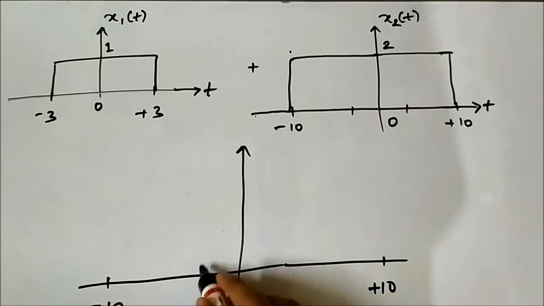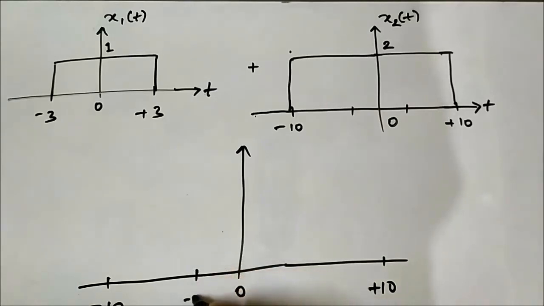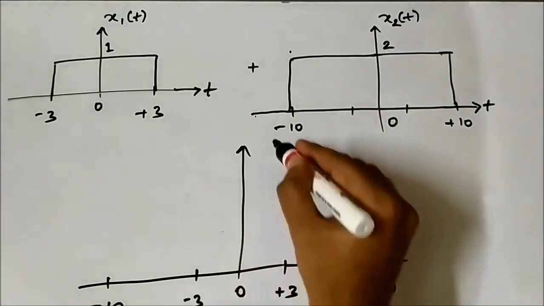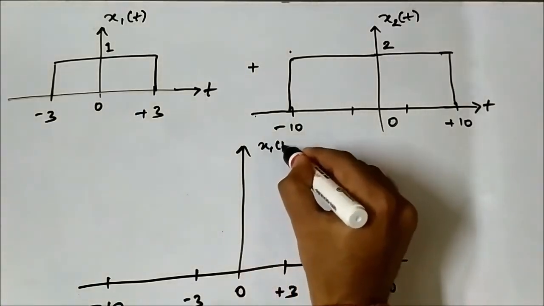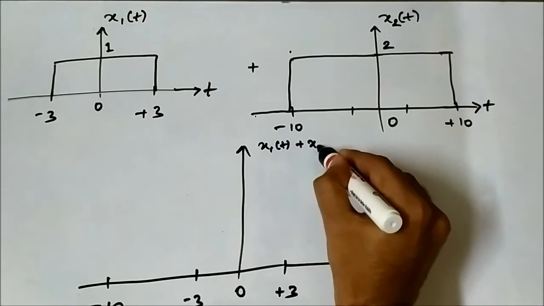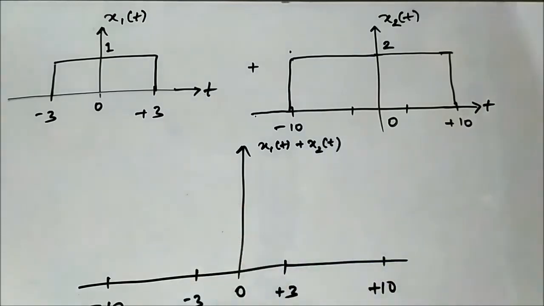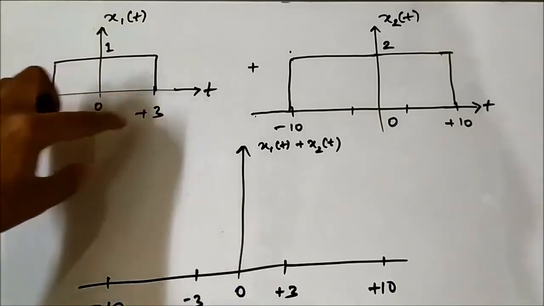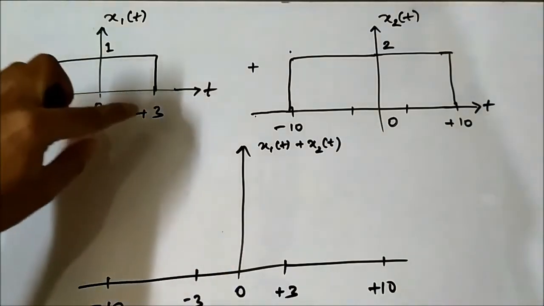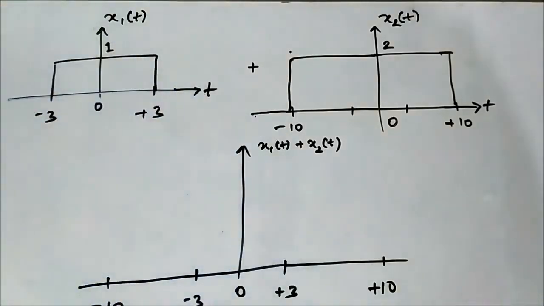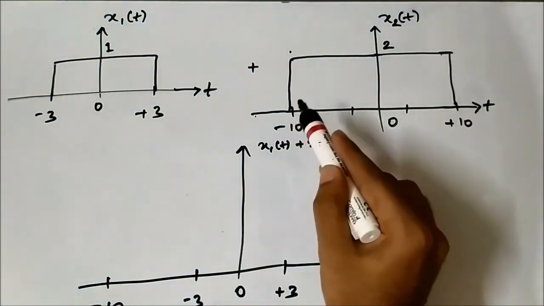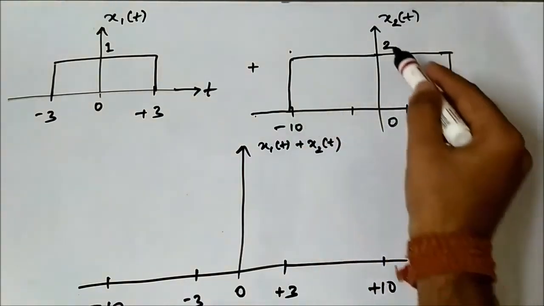Okay, the important points are these: -3, +3. Okay, so this is x1(t) plus x2(t). Here the signal exists in between -3 and +3 with amplitude 1. Here the signal exists in between -10 to +10 with amplitude 2.